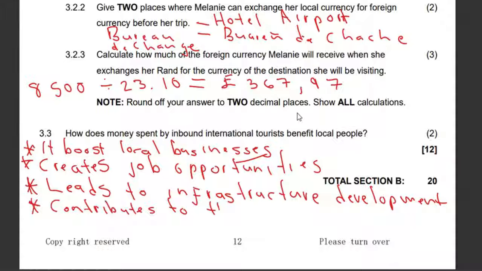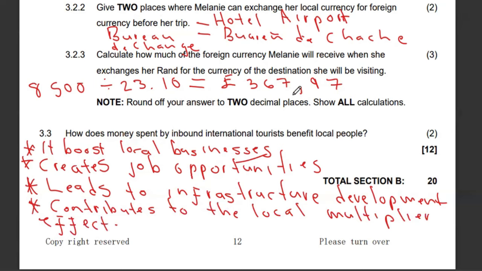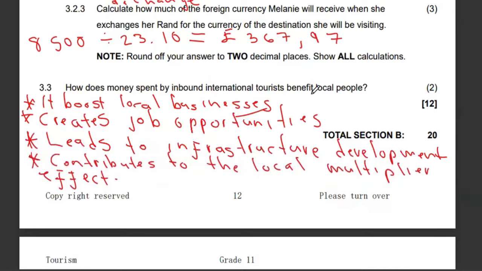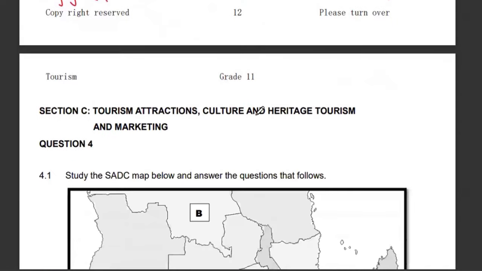So these are the positives, the benefits which you can find locally.